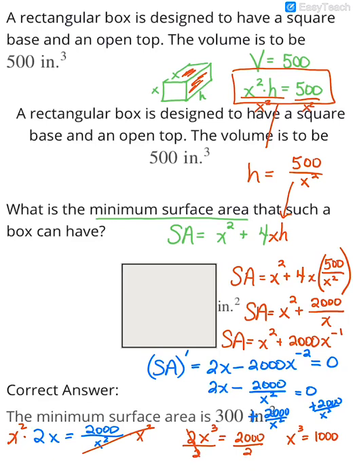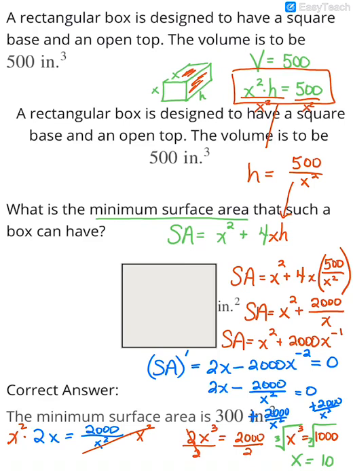And the way you go from an x cubed to just an x is you take the cube root of both sides. And so the cube root of 1,000 would give me 10. So 10 is my critical value. You could test it with the second derivative just to make sure it's going to give you a minimum.